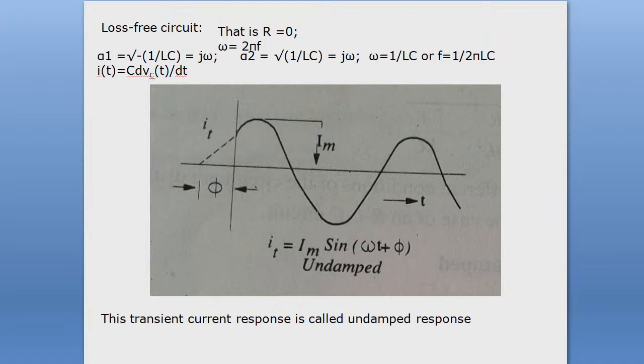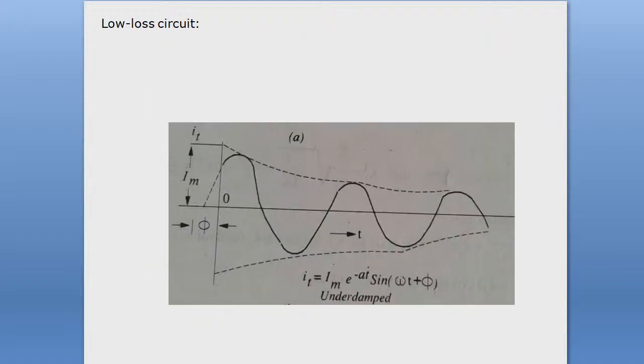Now consider that R is not equal to 0. Then what will be the characteristics or behavior of the transient response in terms of current? Everyone look at the next slide. Here we will get a total of four situations for this circuit. If R equal to 0, then what will be the behavior of the response?